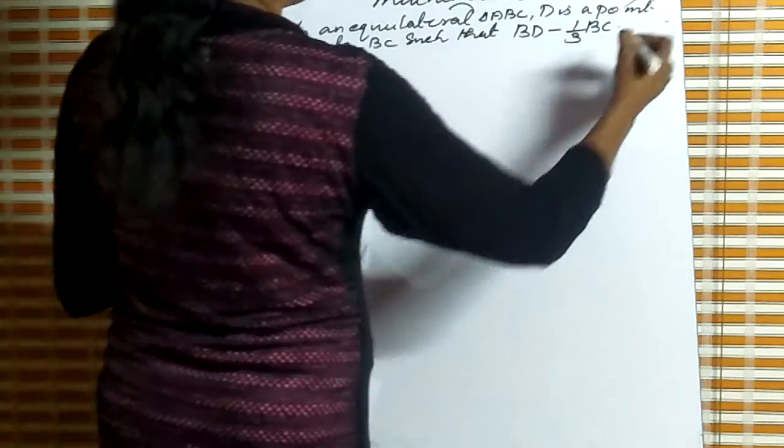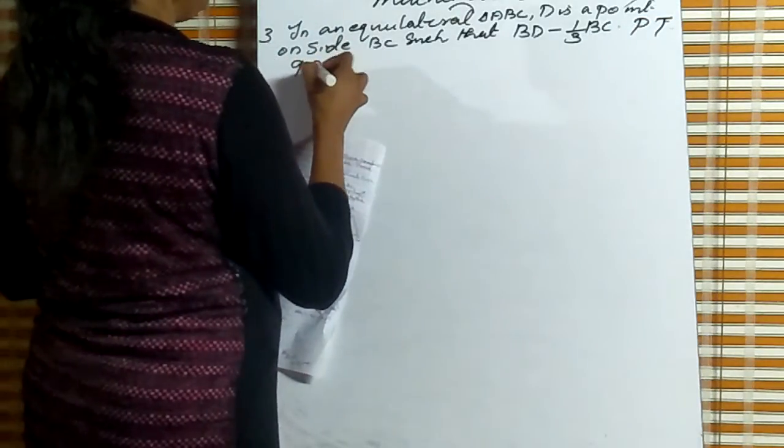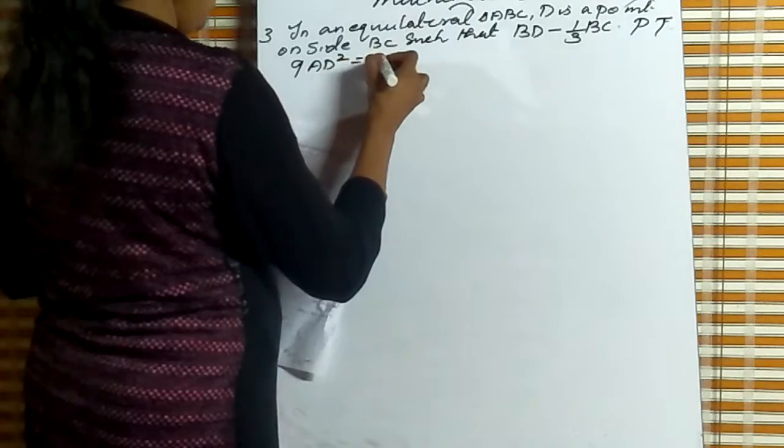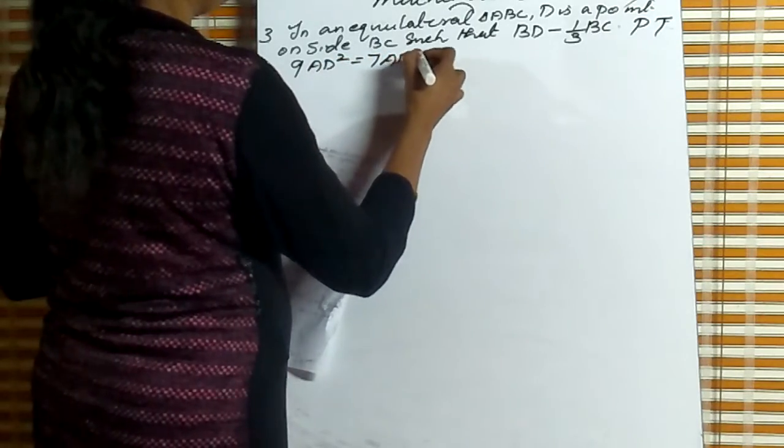Prove that 9 AD square is equal to 7 AB square.